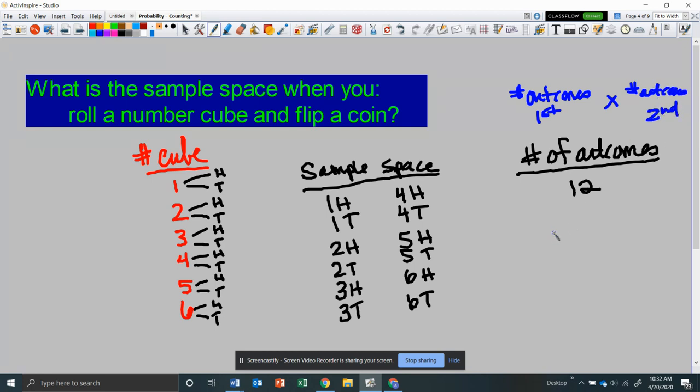So in this one, when I flip a coin, 2 things can happen. When I roll a number cube, 6 things can happen. And that gives me 12 things. This is actually called the fundamental counting principle.